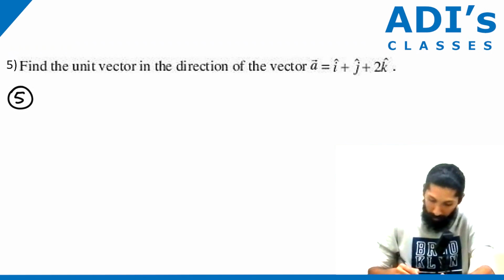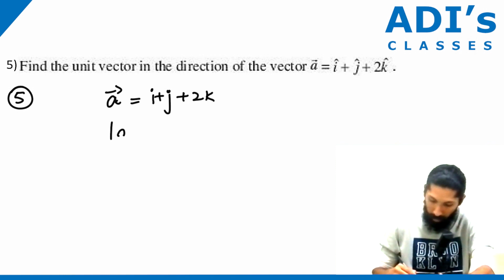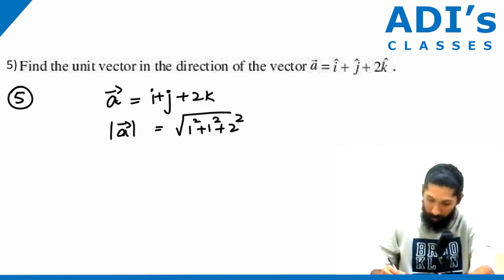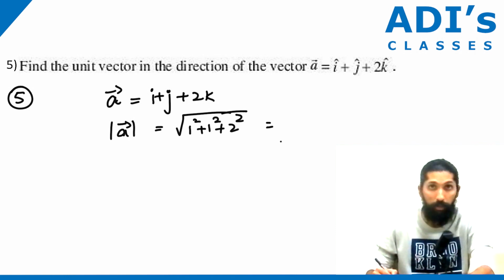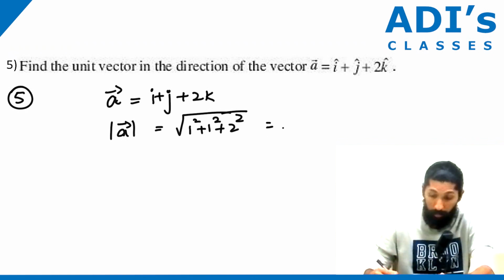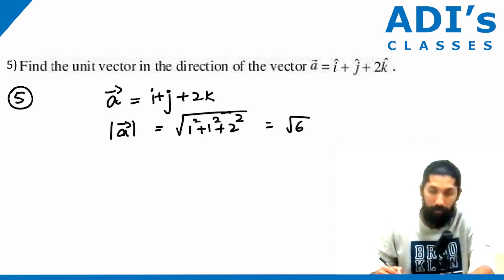That means what we are doing, vector A is nothing but i plus j plus 2k, and mod of this is given by root of 1 square plus 1 square plus 2 square. Correct? So 1 plus 1 is 2. 2 plus 4 is 6. Root of 6.